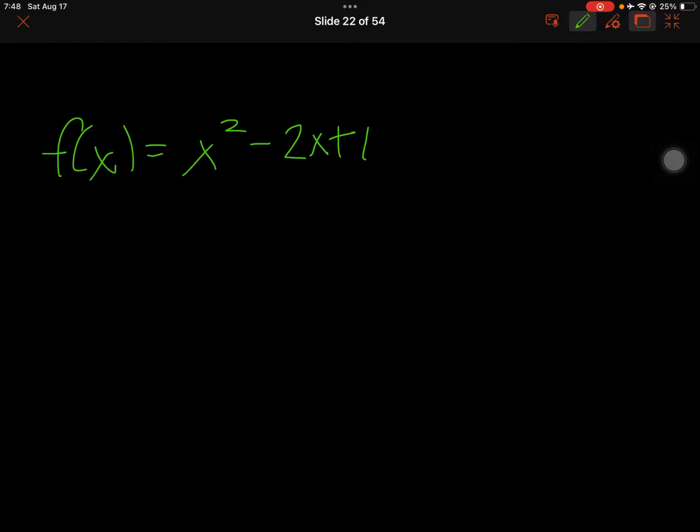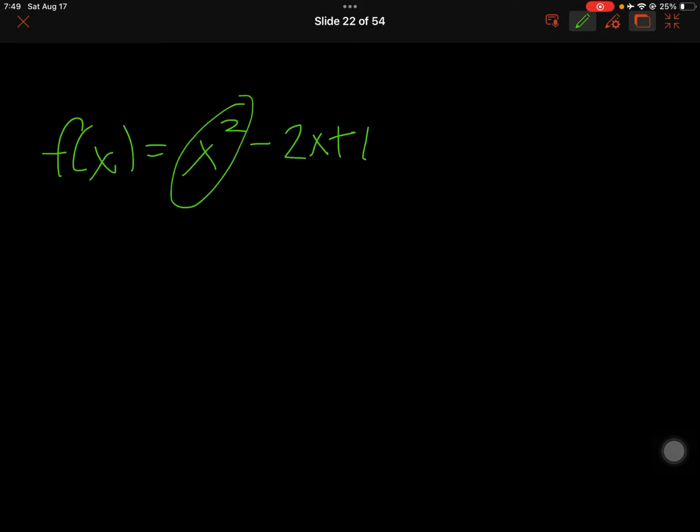Is this an example of an exponential function? Obviously it's not, because although we have exponents here, the exponent is a number and doesn't have any variable. The premise of exponential functions is that the exponent should have a variable.